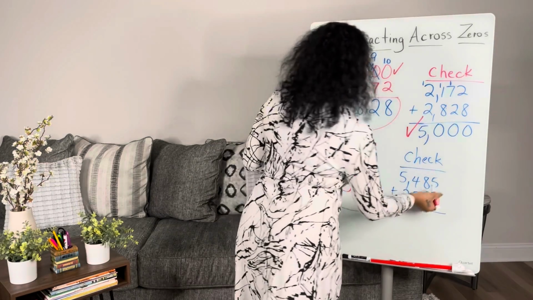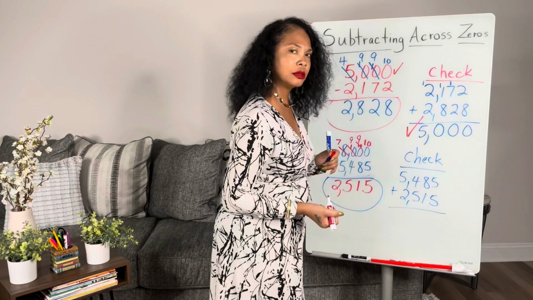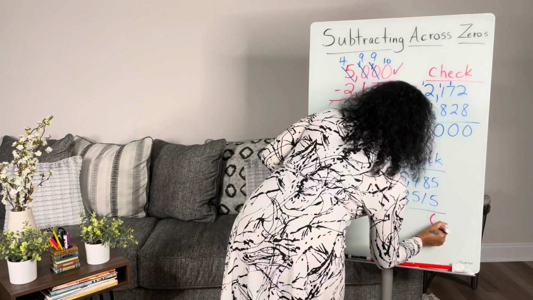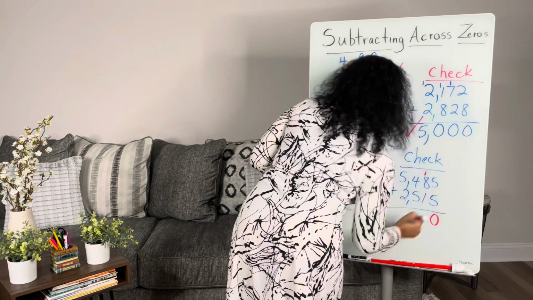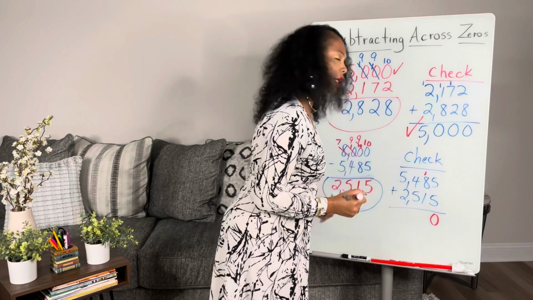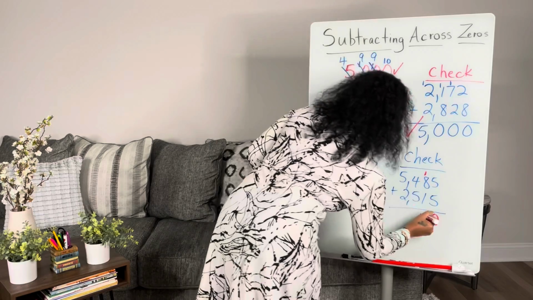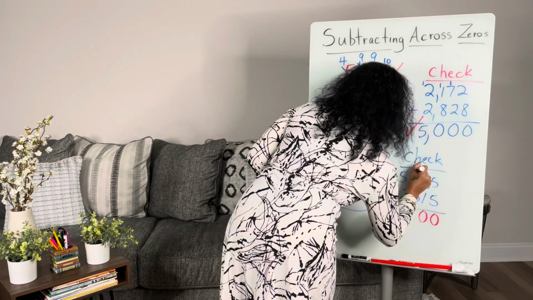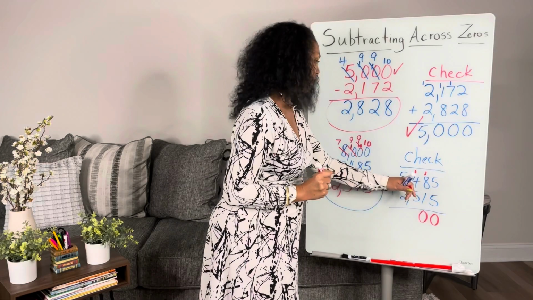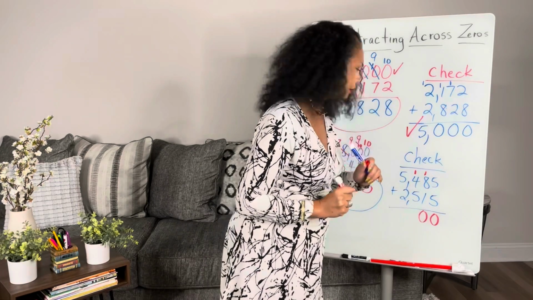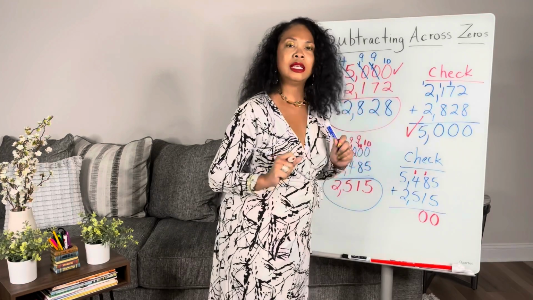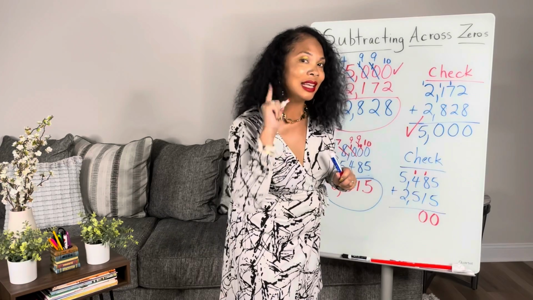Here we go. 5 plus 5 equals 10. Write down the 0. Carry the 1 in the tens place. 8 plus 1 equals 9, and 9 plus 1 equals 10. Write your 0 down. Carry the 1 over here, and on the hundreds place. 4 plus 1 is 5, and 5 plus 5 is what? 5 plus 5 equals 10.